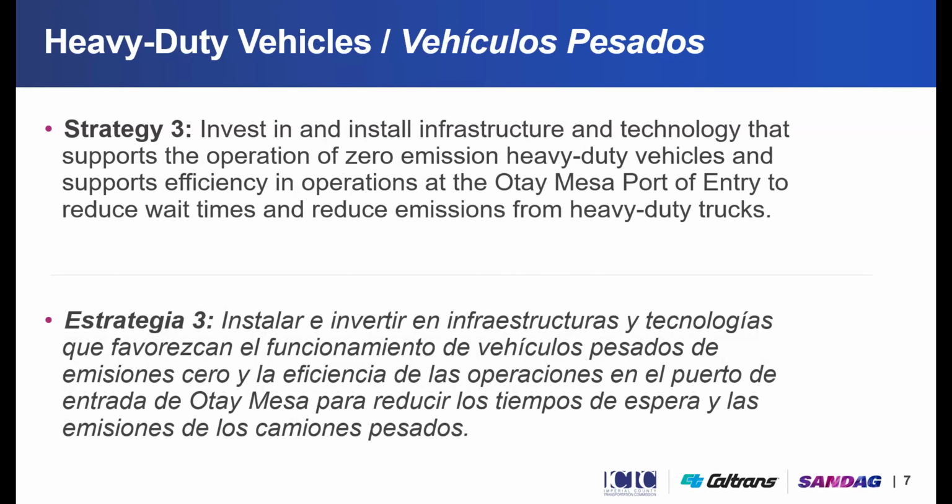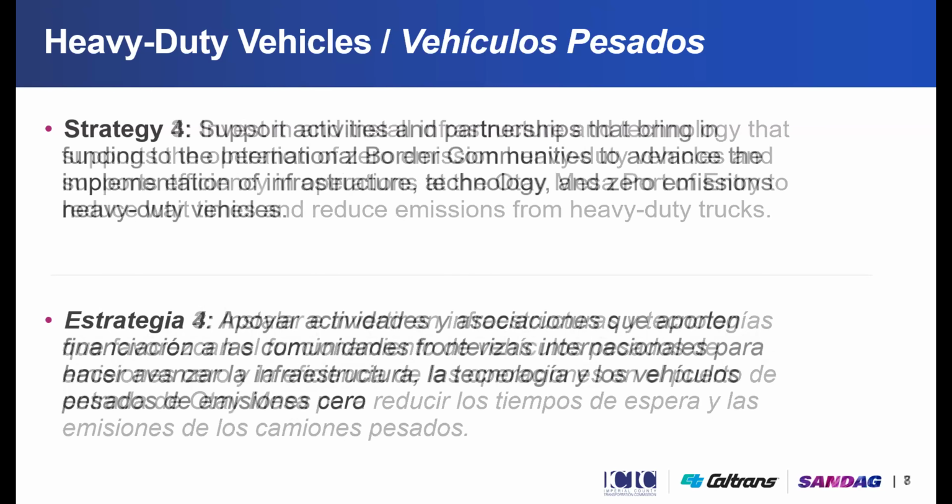Through this project, we also anticipate supporting the implementation of some SERP strategies by deploying the system that I just mentioned and promoting charging and parking staging areas, as well as piloting wireless inductive charging. Next slide, please.